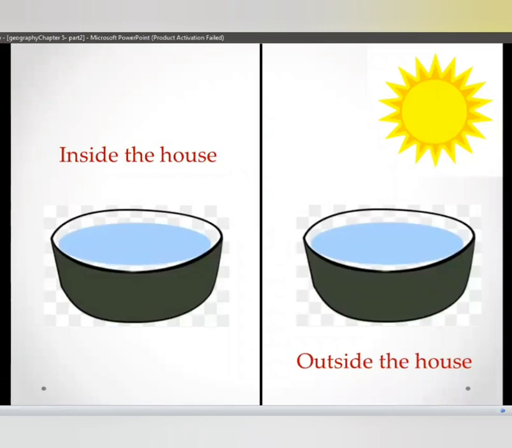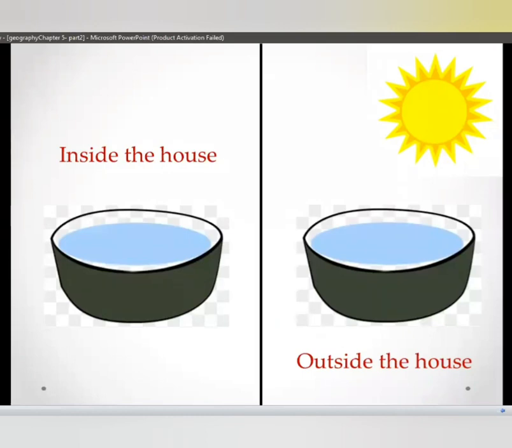Whereas go outside and walk barefoot on the land. और यहाँ पे भी डिफरेंस क्या है वो भी अंडरस्टैंड करो. You will feel that the land inside the house is cool, whereas the land outside the house is hot.